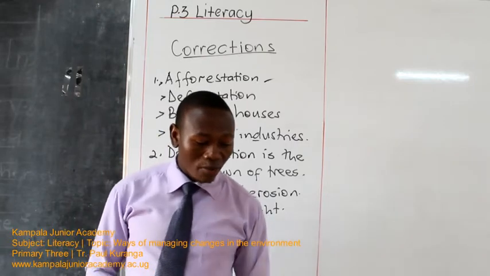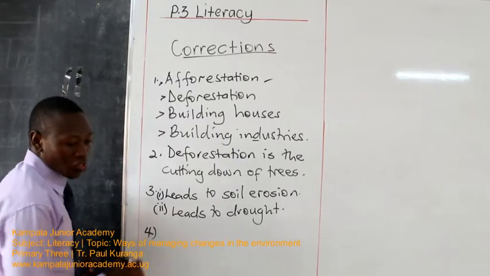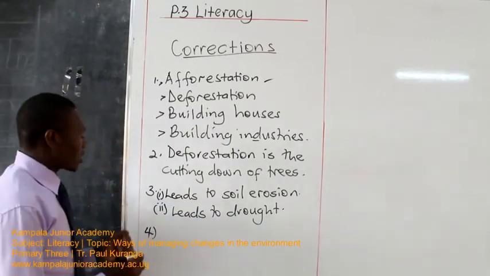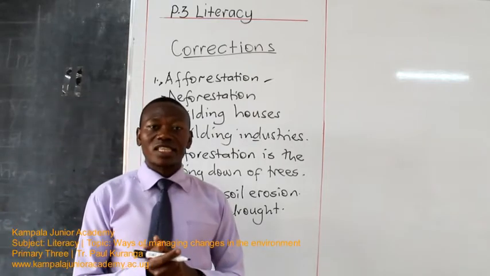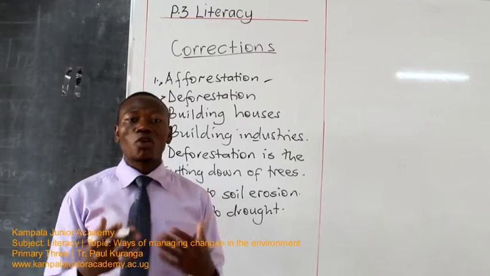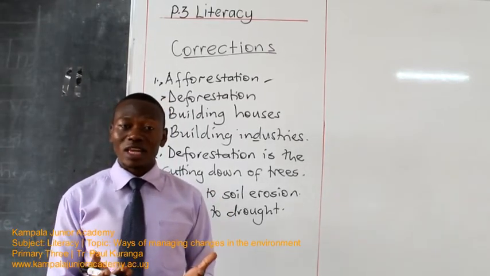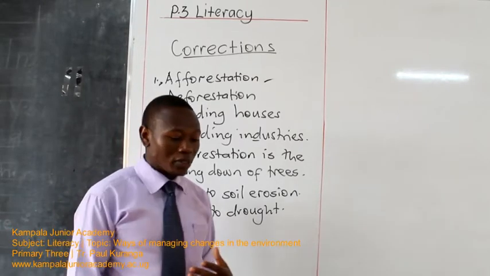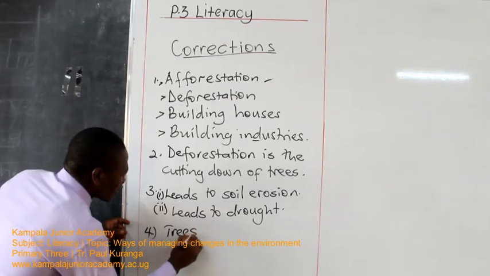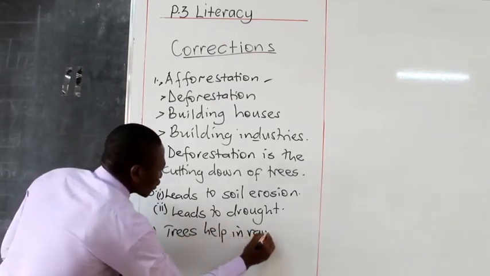Another question, number 4, was asking you to give the importance of trees. Importance of trees. Trees play a very big role. What's the role of trees in your area where you're living? People using trees, how do they use them? One, we say trees, in the environment we say trees help in rain formation.